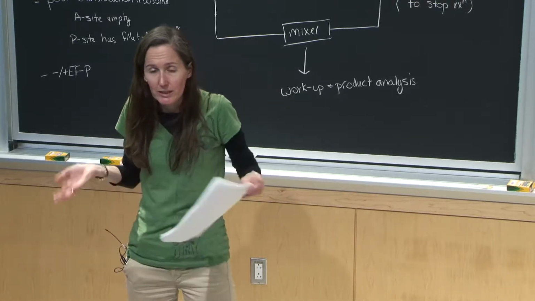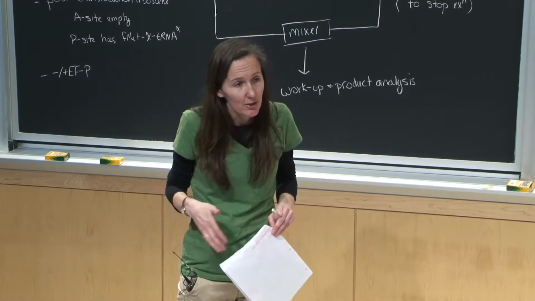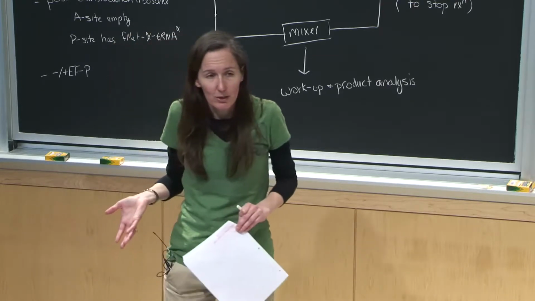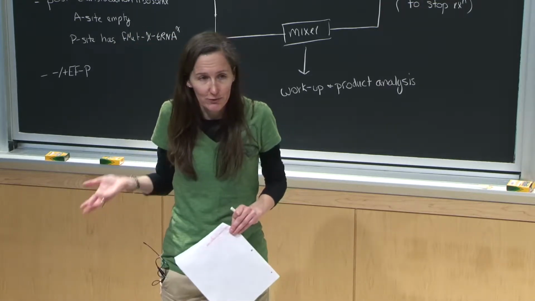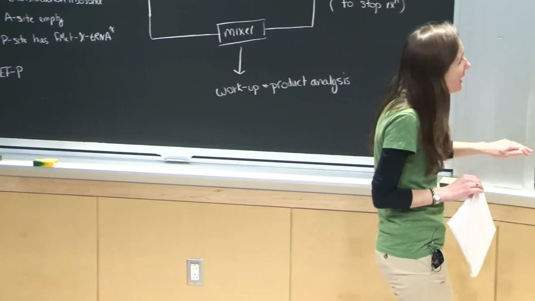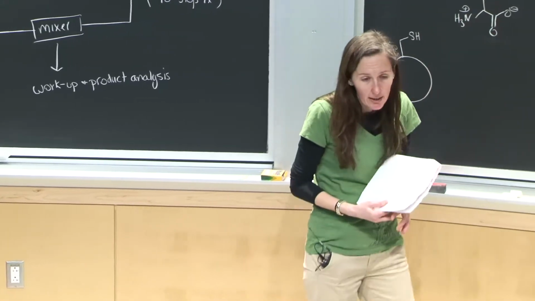What are you going to do about that? Are you going to have non-specific labeling? Are you going to mutate out the other cysteines? If you do that, what could that mean for your protein fold or function? There's a number of caveats that need to be considered. Nonetheless, it's a possibility to do.